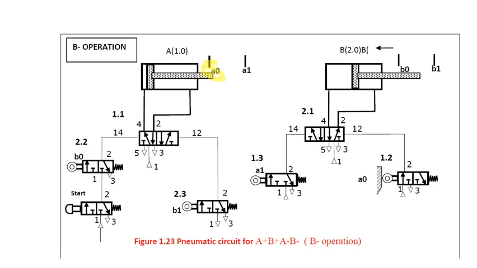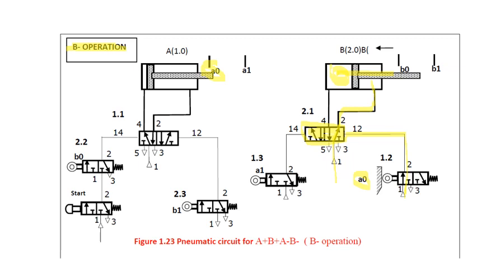The A naught limit switch will generate a signal to memory valve 2.1, which is controlling the double acting cylinder B. When you give a supply from the compressor to the memory valve, that air supply goes to the rod end of cylinder B. Cylinder B also starts to retract back. When it retracts back, that operation is the B naught operation.